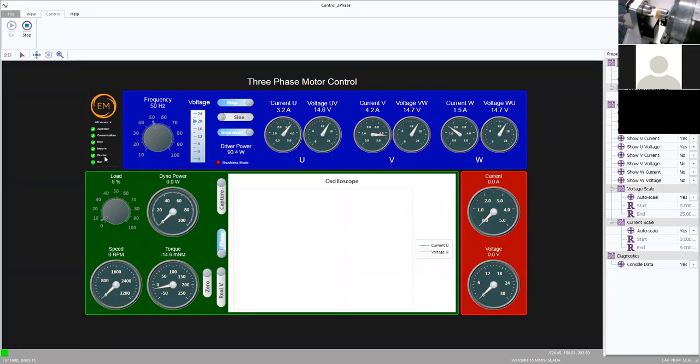One to show the direction of motion of the machine, and then another one to show you that the software is running. Along the top in blue, you can set here the frequency. You can set the driver voltage out. So the driver voltage goes from 0 to 24 volts. There's a start run button.